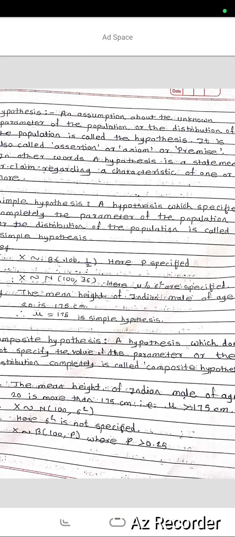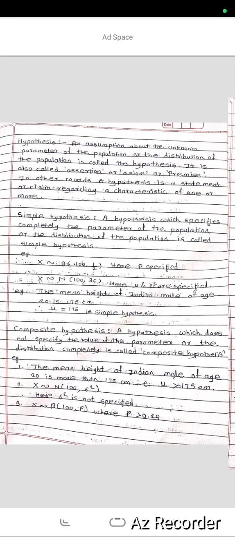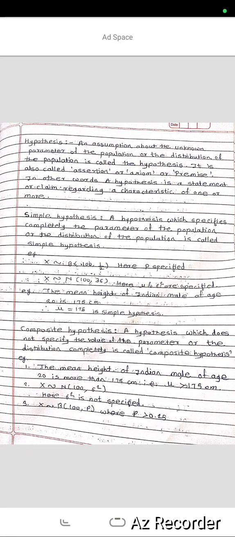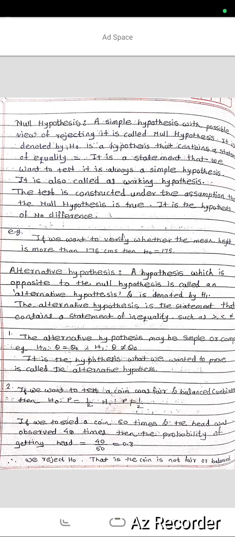Then they are giving the mean value but not specifying the sigma square value. That is, they have given incomplete information. Also, x follows binomial distribution with n comma p, where they mention the n value but not the p value. Or they mention that p is greater than 0.25 but not the exact value of p.